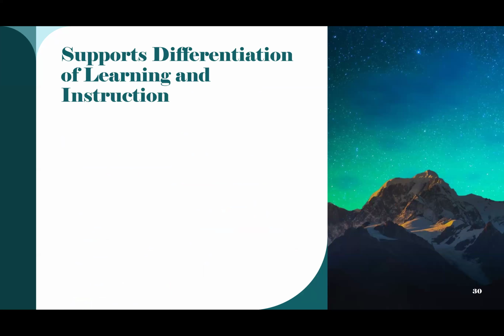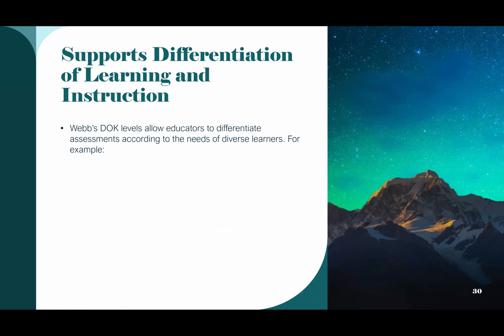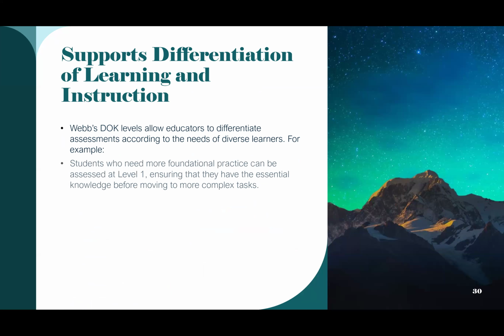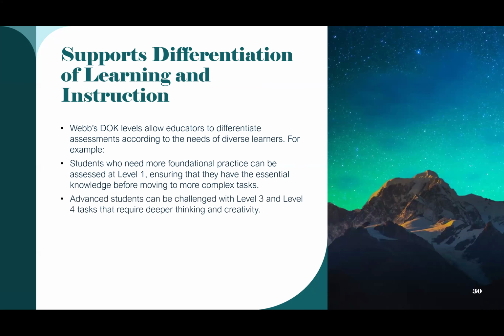How does Webb's taxonomy support differentiation of learning and instruction? Webb's DOK levels allow educators to differentiate assessments according to the needs of diverse learners. For example, students who need more fundamental practice can be assessed at level 1, ensuring that they have the essential knowledge before moving to more complex tasks, while advanced students can be challenged with level 3 and 4 tasks that require deeper thinking and creativity.